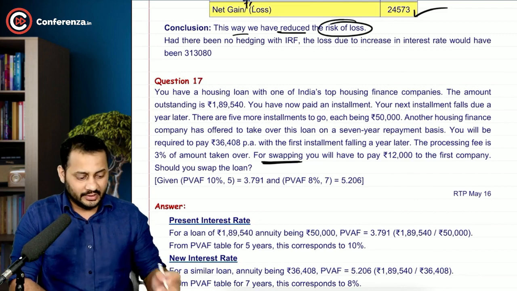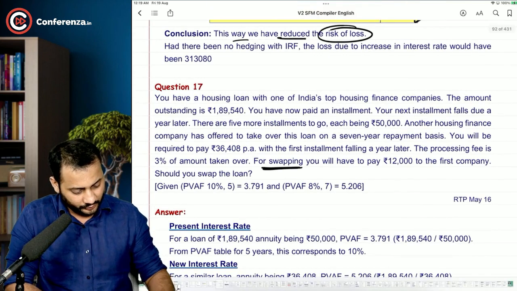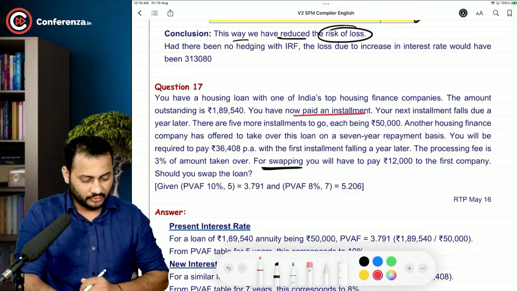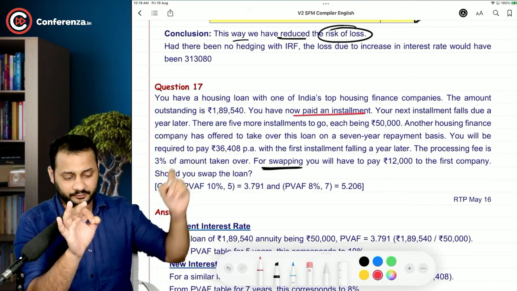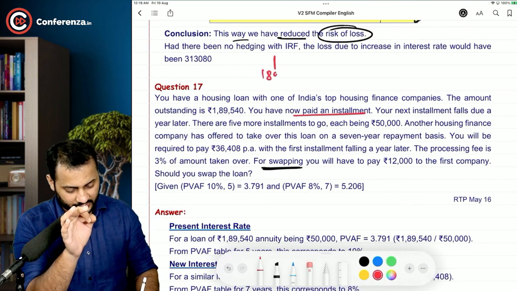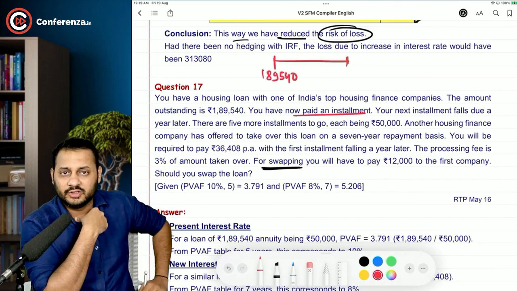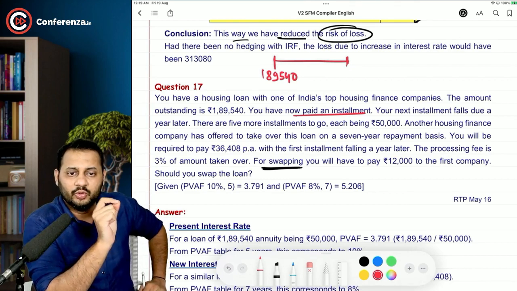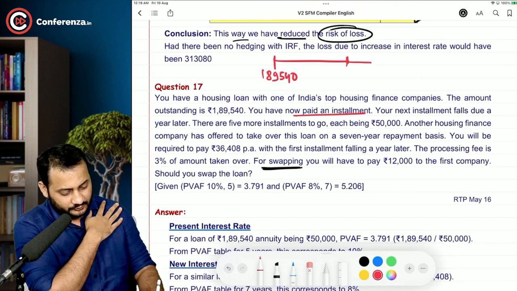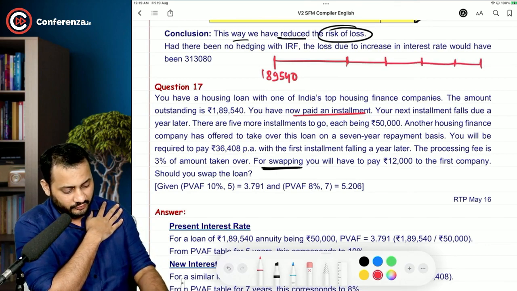You have now paid an installment. Your next installment falls due a year later. 189,540. 1 year after this, you will have to make a payment. There are 5 more installments to go, each being 50,000. 2, 3, 4, 5.